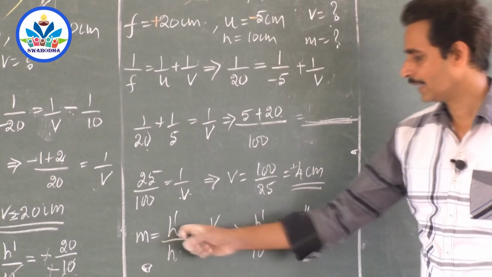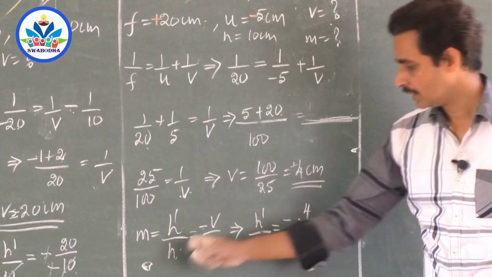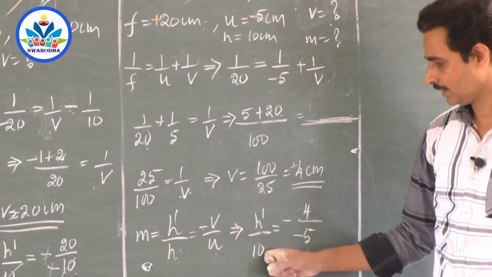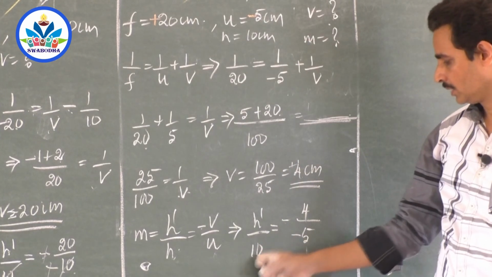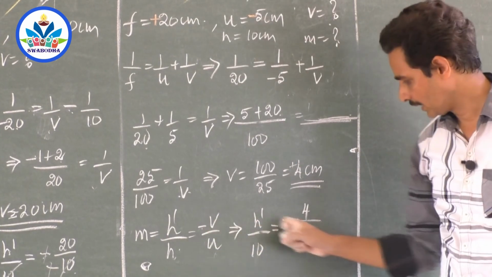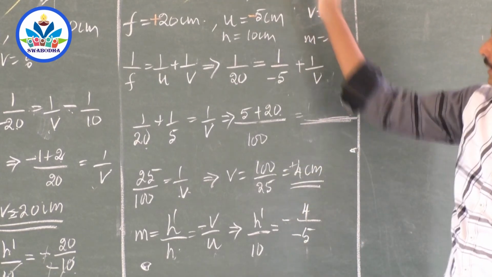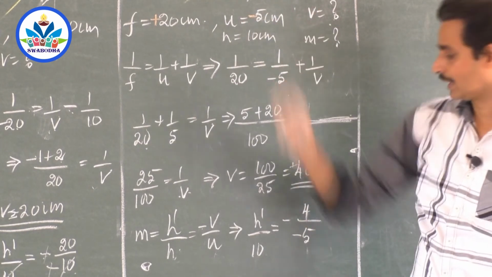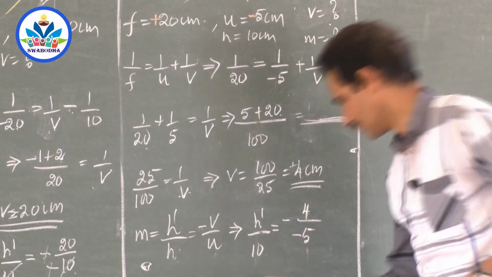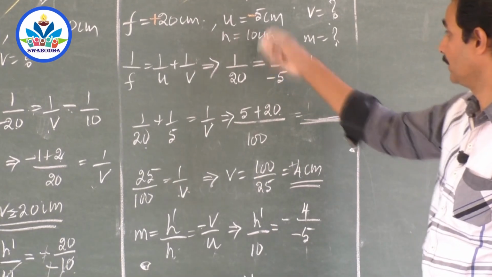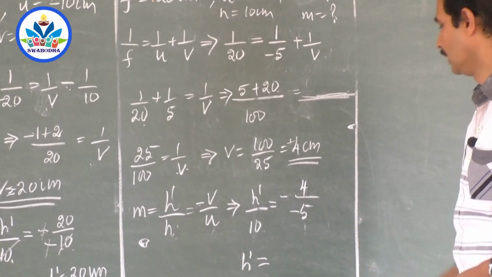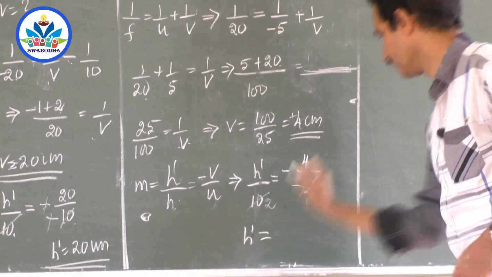Again, h dash to be found out. H is 10 centimeter above the principal axis, positive. Formula negative, minus v positive 4, because we got it as 4, it is on this side. U on the other side, minus 5. So what is h dash? It should be diminished, it should be less than 10 centimeter. Let us see whether we get it or not. 5 2 times.